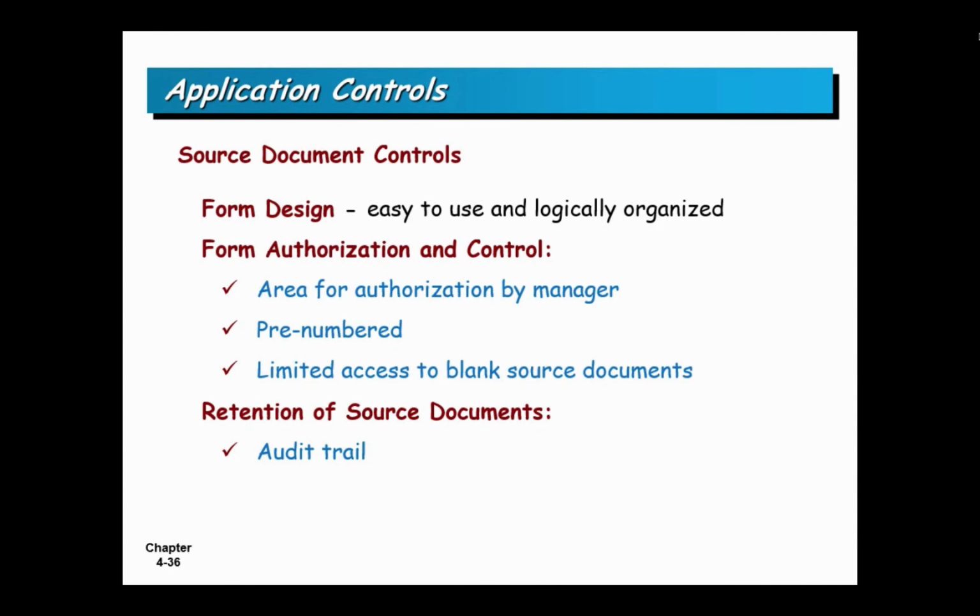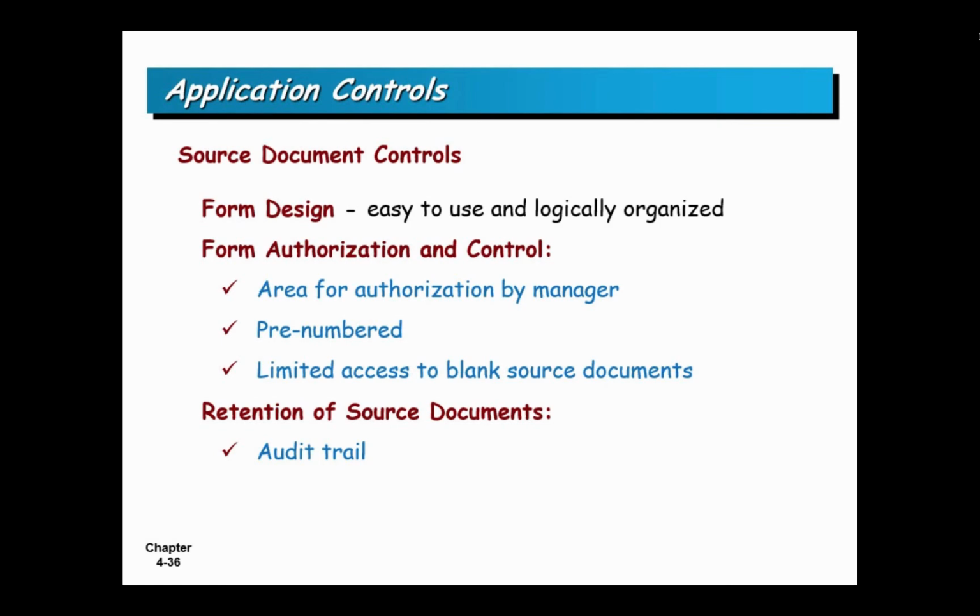If you're designing forms, which you all are doing, online forms, they must be logically organized and easy to use for the end user, so there's less probability of a mistake. If it's an important piece of entry, you might have to have an area where a manager authorizes it.